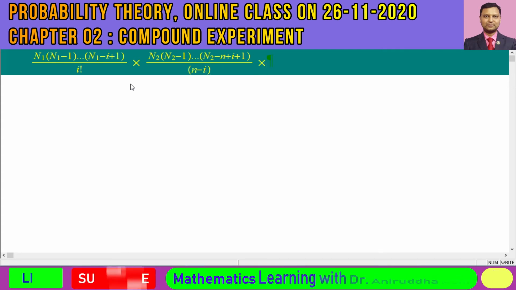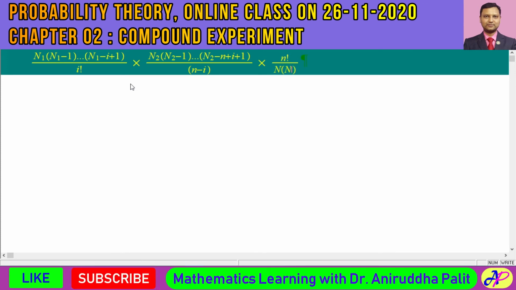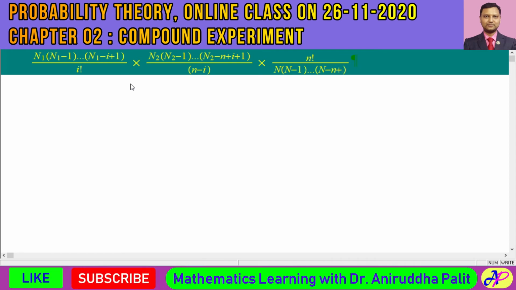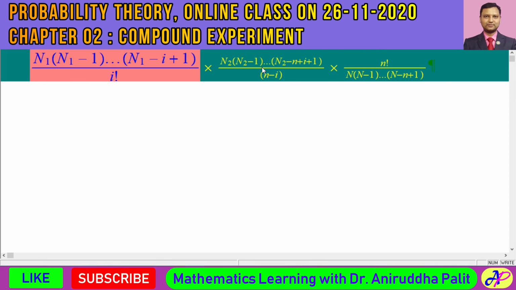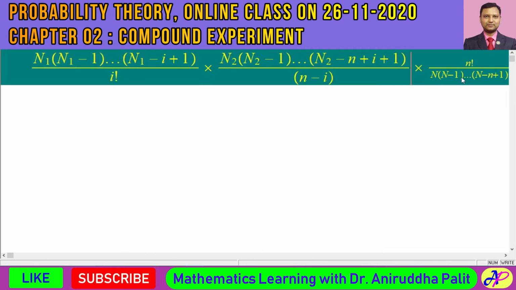And the third factor was that on the numerator we have factorial of N divided by N into N minus 1 dot dot dot up to N minus small n plus 1. This was the result. Hopefully it is a little more visible.